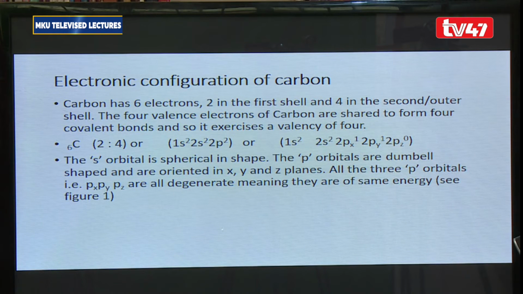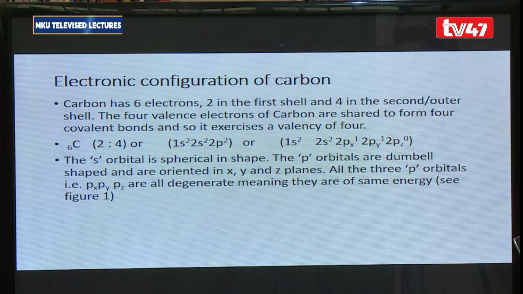So ideally, carbon should have an electronic configuration of 1s2, 2s2, 2p2. What that means is that because an s orbital has only 1 orbital, and electrons are supposed to join singly before they start pairing up.